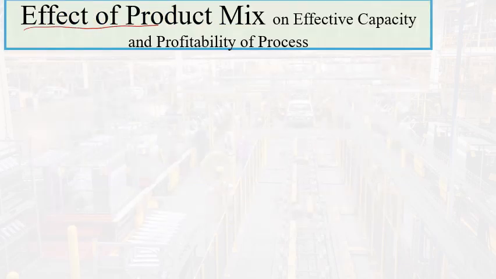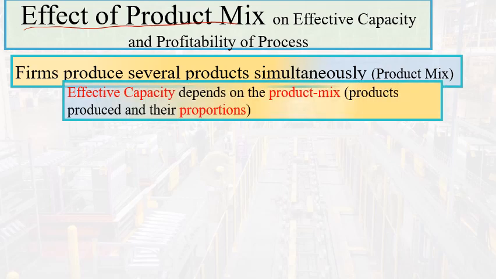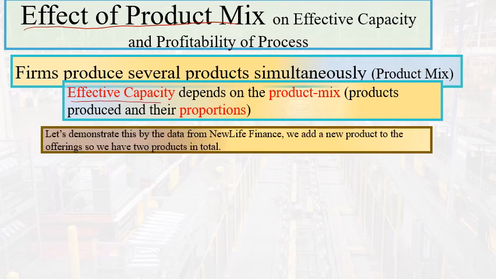Now, the effect of product mix. In real life, companies or departments don't just deal with one product, they deal with multiple products, and this will affect the effective capacity. For us, it's only going to affect the unit load. It's going to change how we calculate the unit load, but from there on, the process stays the same.